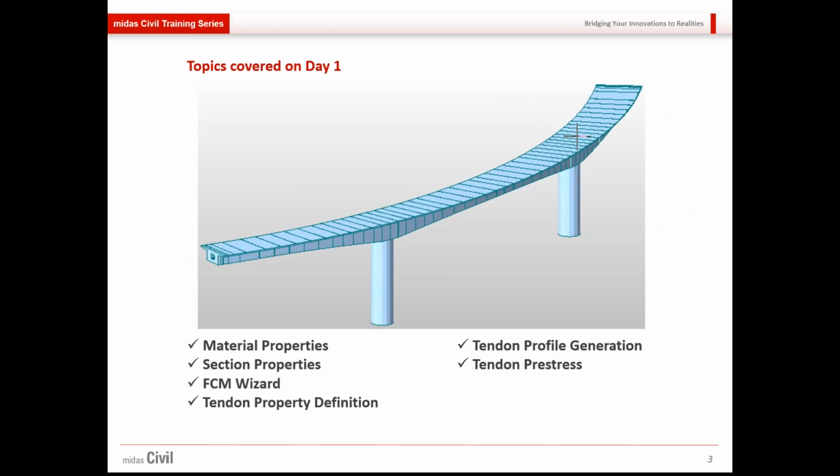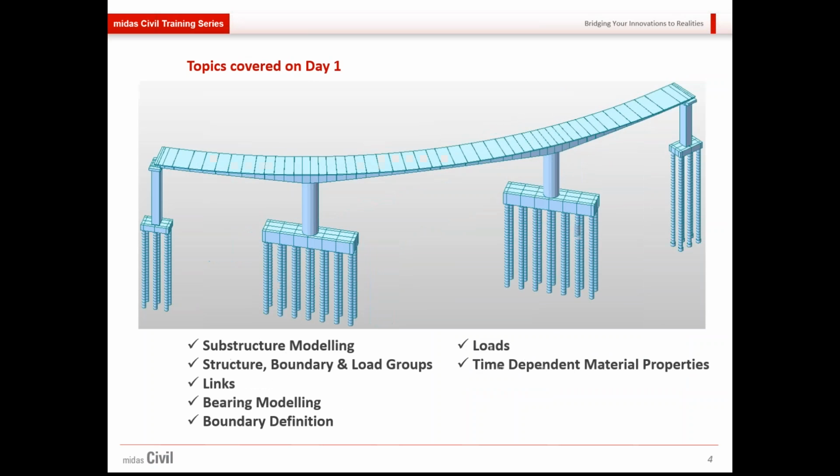So these were the topics covered on day 1. The material properties and section properties were defined, the superstructure was done, the tendon profile was defined, and pre-stressing load was given to the tendons. After that, yesterday we did the manual modeling for the substructure.